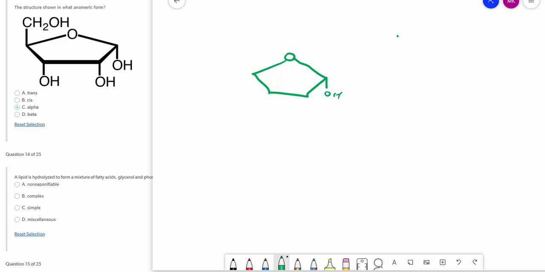And the alpha form has opposite sides. So let's see here. This is our anomeric carbon. This is the carbon that closed the ring. And because the OH group, the alcohol group, is below the ring, and then on the other carbon on the other side of the oxygen, we have a group that's above the ring, this is called the alpha form.